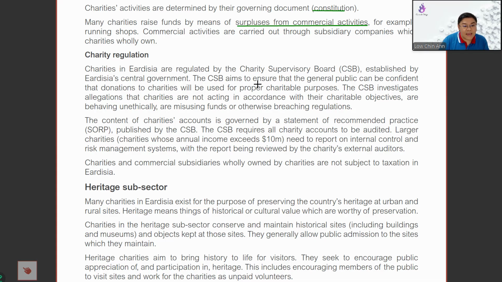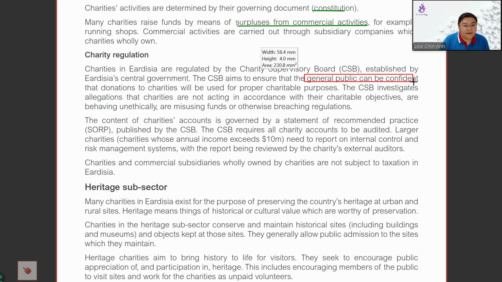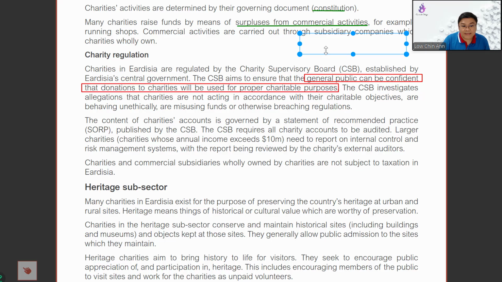So the CSB aims to ensure that the general public can be confident that donations to charity will be used for proper charitable purposes. Now, when I see this, what crossed my mind is things that concern internal control, audit, because of all the kinds of fraudulent activities. Okay, so internal controls, audit, and fraud.